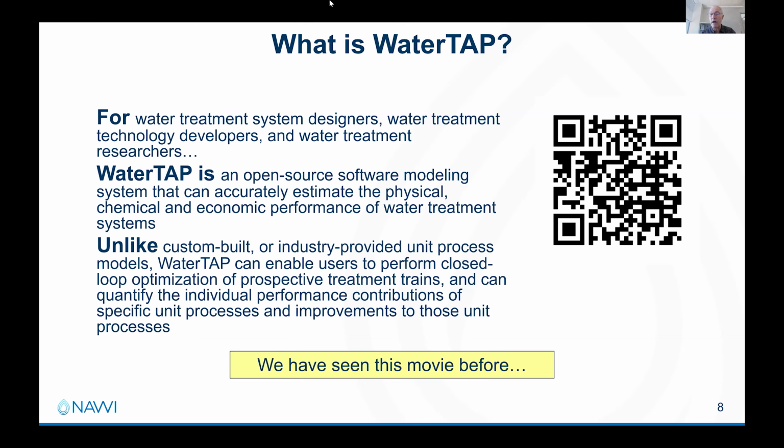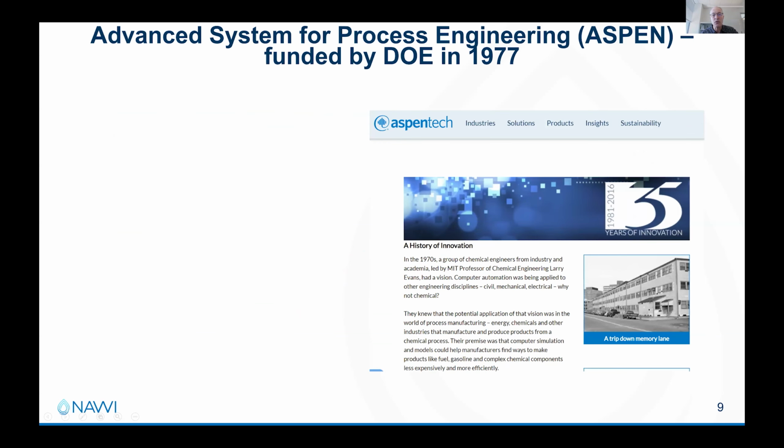I'll wrap up by saying we've been here before. Way back in the late 70s, a group at MIT realized that process design in chemical manufacturing and oil and gas refining was still relying literally on slide rules and pieces of paper. They realized that the early use of computers could greatly advance how we do process design.